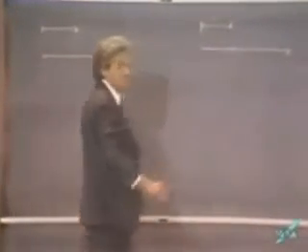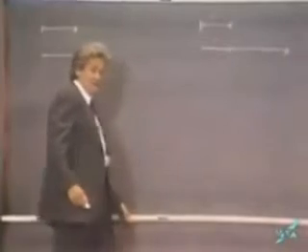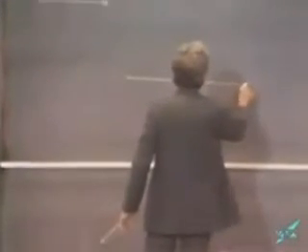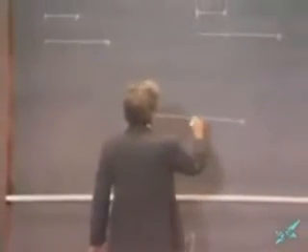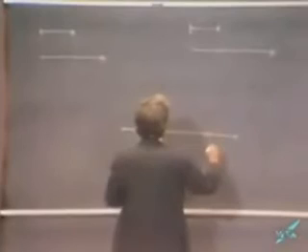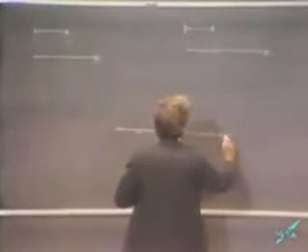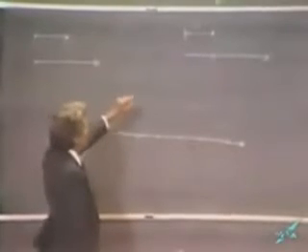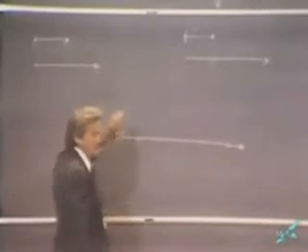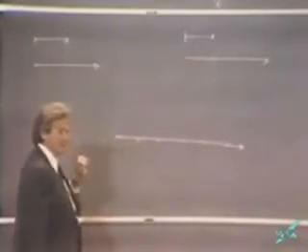Now what's 6? The product of 2 and 3. It's a line also. It sticks way out, and it's got 6 notches. The way of looking at it is to say that the problem is this: I want to convert 3 to 6, I want to multiply by 2.